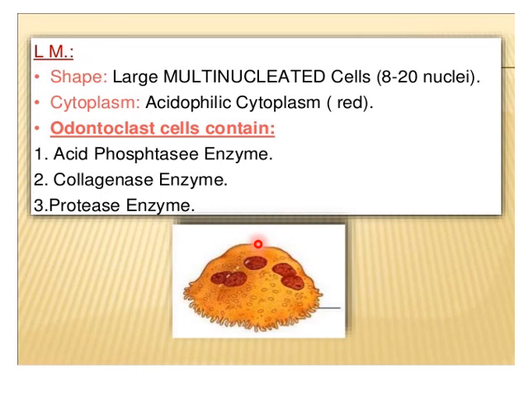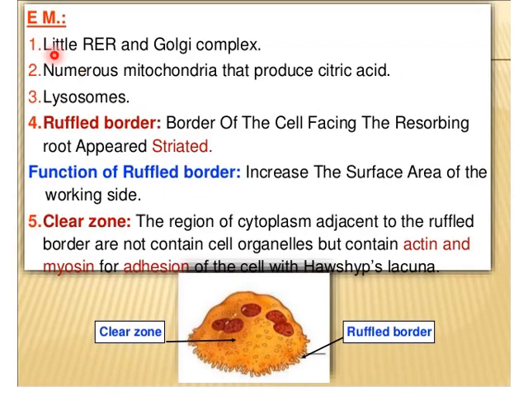This drawing of odontoclast cells shows the multinucleated nuclei, and this is the cytoplasm with increased vacuoles, and this is the ruffled border, which is adjacent to the hard tissue and causes resorption in this area. At electron microscope level, the odontoclast cell appears with little rough endoplasmic reticulum and Golgi complex inside its cytoplasm, with numerous mitochondria that produce citric acid, and lysosomes.